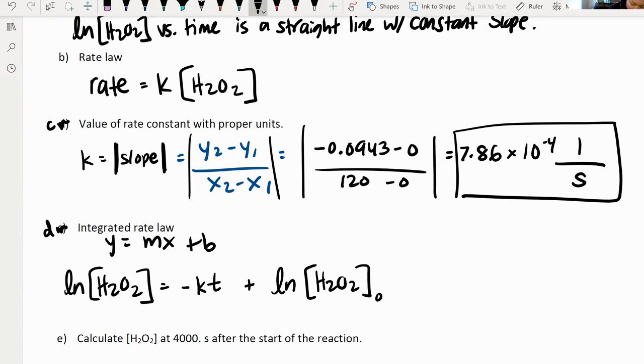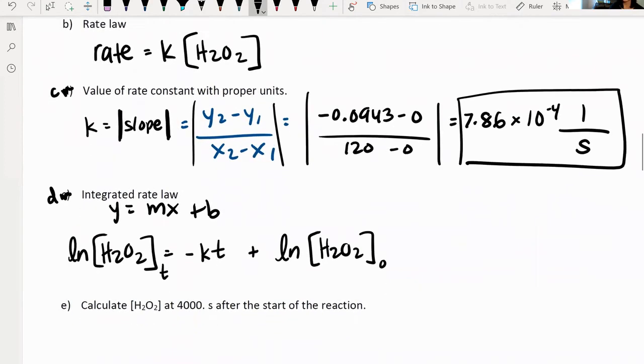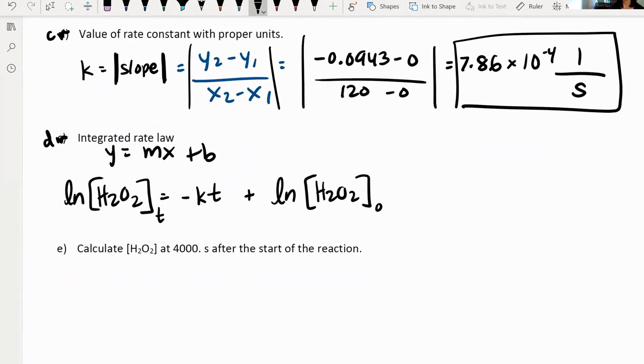Oh shoot, I forgot the little t again, the baby t down there. That's your integrated rate law. It looks identical to your notes. The only thing different is we actually plug in the chemical formula for the reactant. That's all that's different. Okay. This is your integrated rate law.